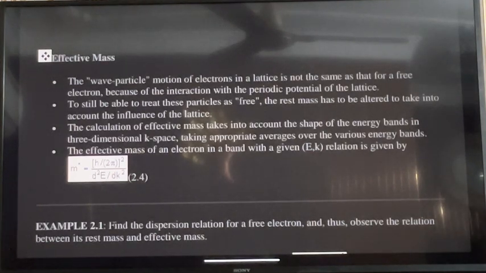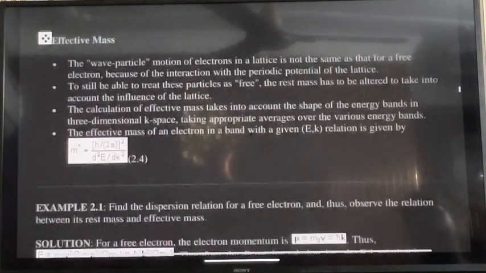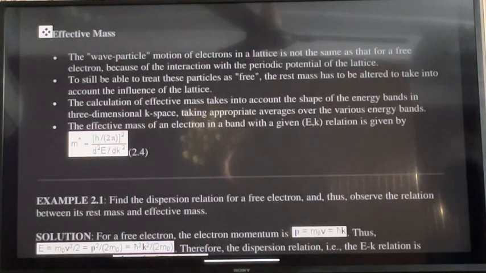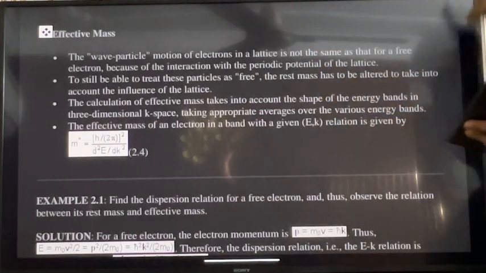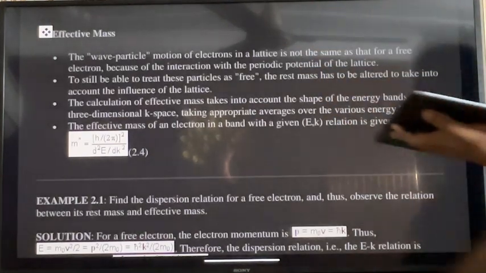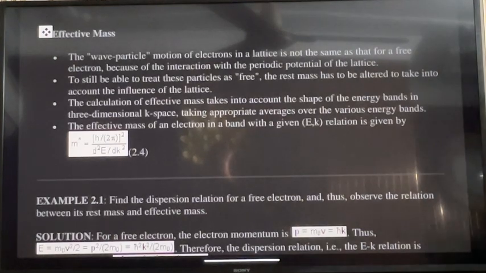To still be able to treat these electrons or holes as free mass, we need to take the rest mass and alter it according to the influence that the lattice has on it. Now, the calculation of this is very complex. We need not know how it goes on, but just a basic idea that it takes into account the shape of the energy band, the U-shaped curve we have obtained, in the three-dimensional K-space.